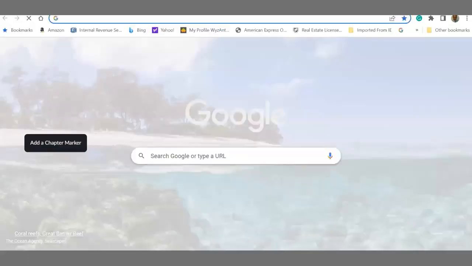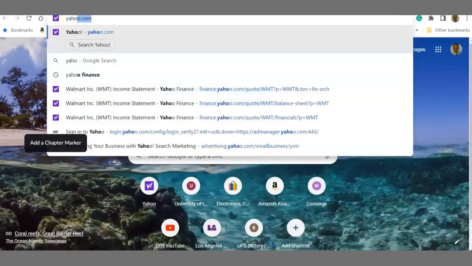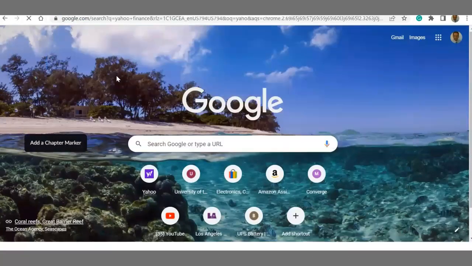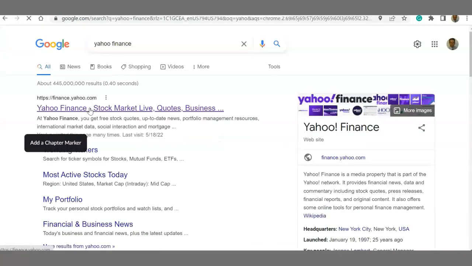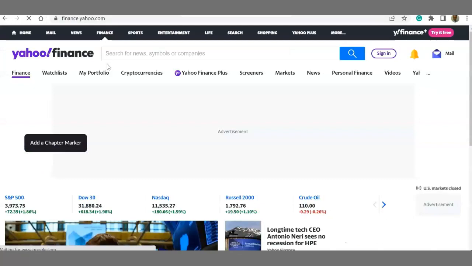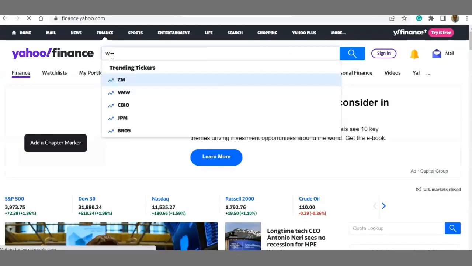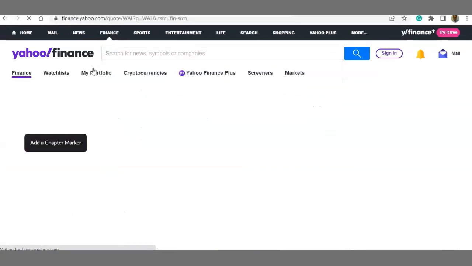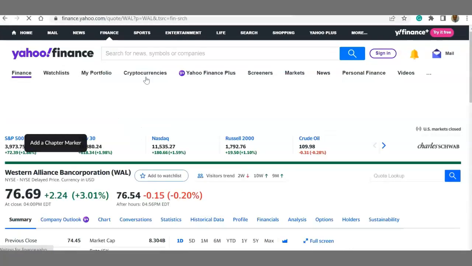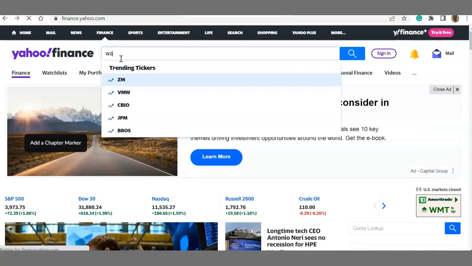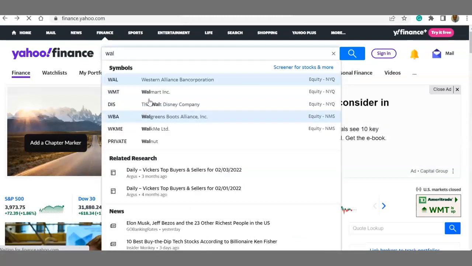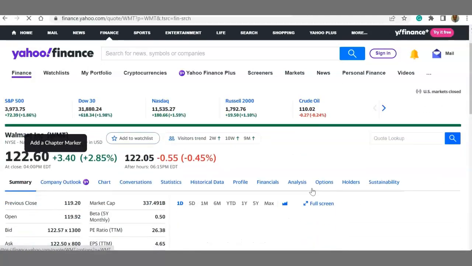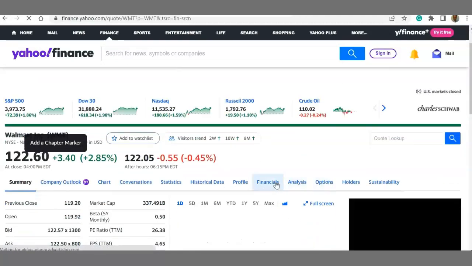So here is Yahoo Finance. That's the easy, fast way. Here is Walmart. And then you go to financials.